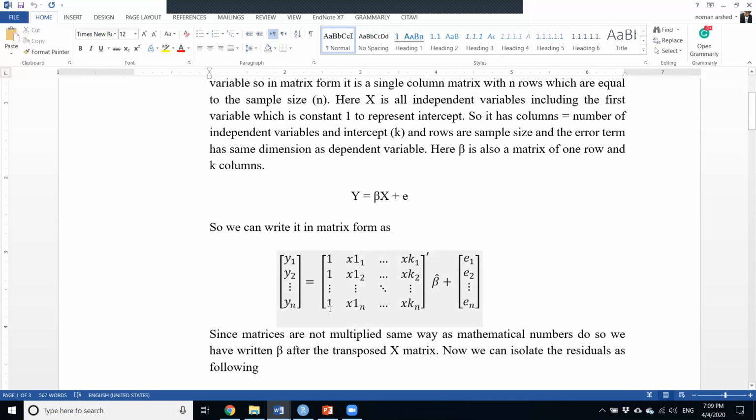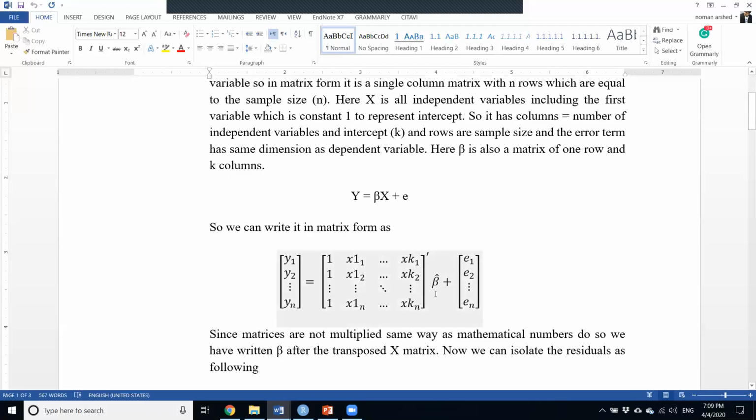So first one will be 1 1 1 1 1 as a constant, and second one will be x2, and the last one will be xk, and the last observation will be xkn. So there are k plus 1 variables. First variable will be constant and remaining k are variables, and there are n observations.